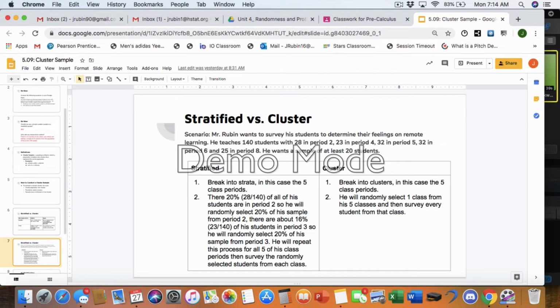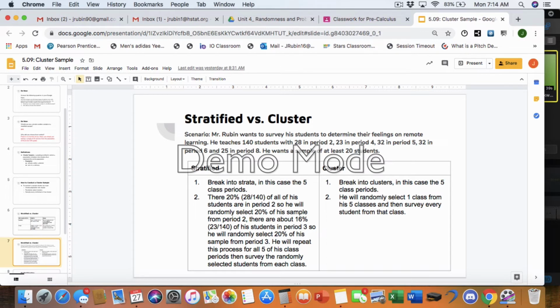So now let's look at this example. Mr. Rubin wants to survey his students to determine the feelings on remote learning. He teaches 140 students with 28 in period 2, 23 in period 4, 32 in period 5, 32 in period 6, and 25 in period 8. He wants to sample at least 20 students. With the stratified, the first thing we'll do is break them into strata.